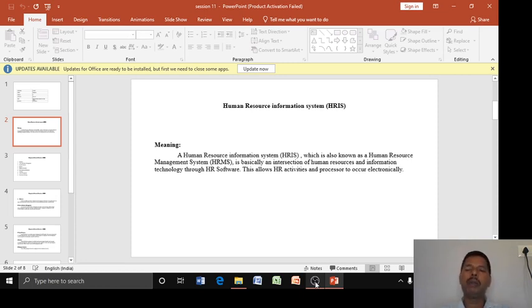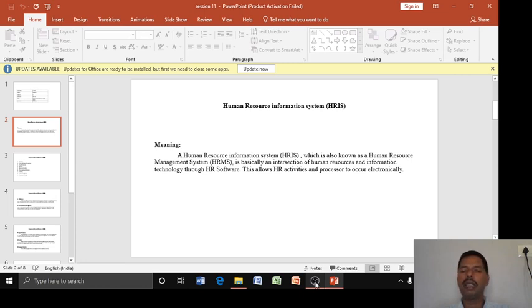That means human resource information system is basically based on computer. In a nutshell, it means digitalization or computerization of the process of human resource management.